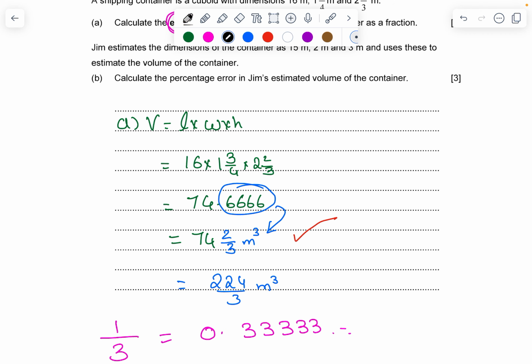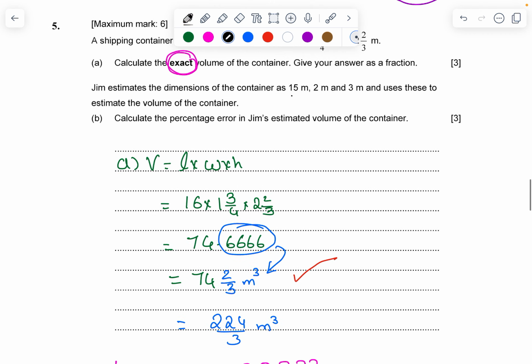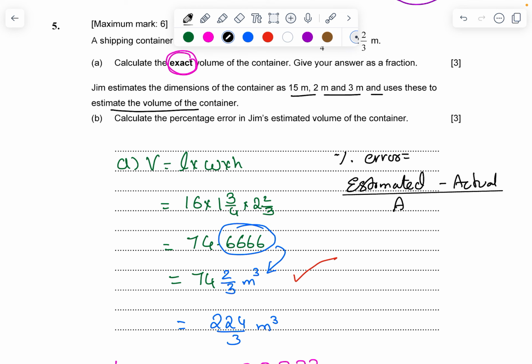Now coming to part B, Jim estimates the dimensions as 15, 2 and 3. He uses the estimate to find the volume of the container. Find the percentage error. So again, percentage error is going to be nothing but what? Estimated value minus actual value divided by actual value times 100.